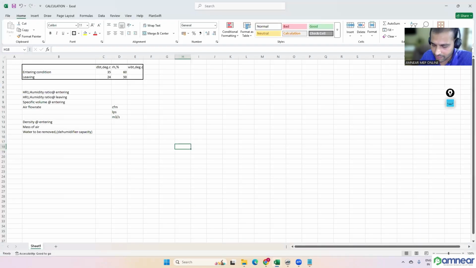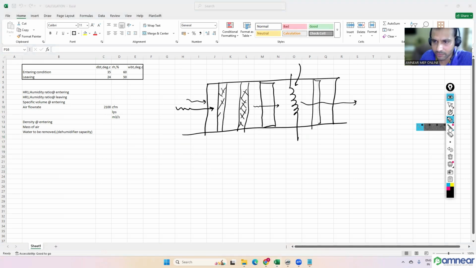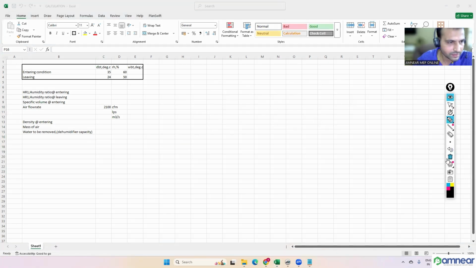Let me select a few conditions. For example, I have nearly 2,100 CFM of air to be distributed within a space. How will we get this 2,100 CFM? I have taken this just for the explanation. Normally, in a comfort air conditioning system following ASHRAE 62.1, we calculate the Rp and Ra values, meaning people ventilation and area ventilation, add them, and find it.